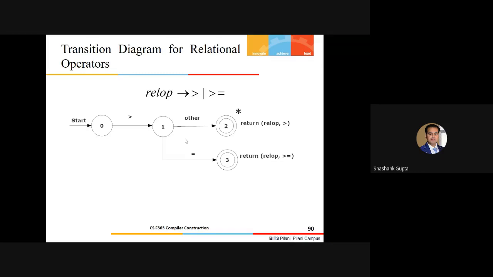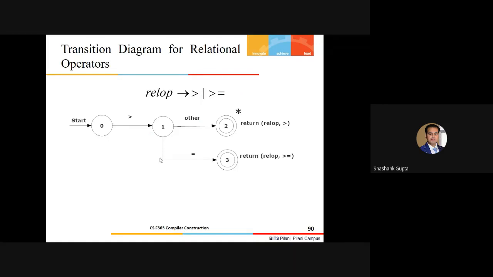So this was where we stopped last time. This was the specification given to us with respect to the relational operators, that is greater than and greater than equal to, and we came up with this transition diagram notation.